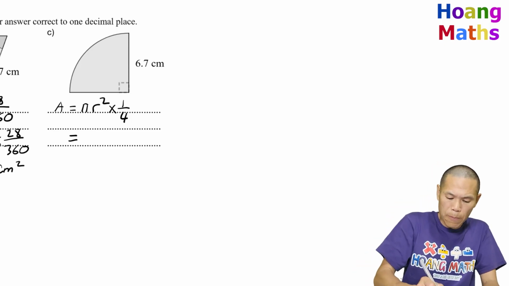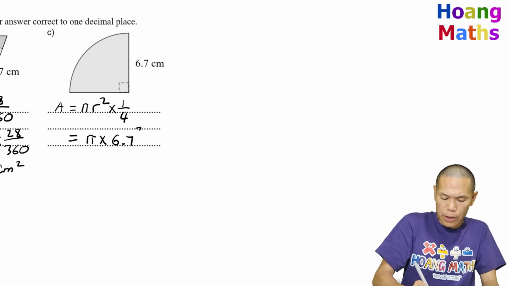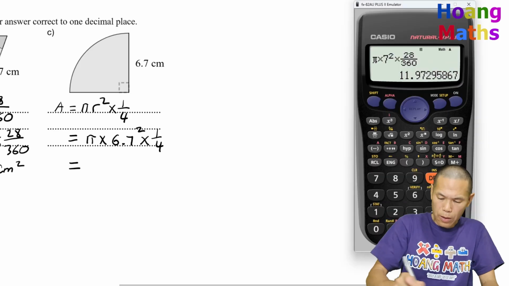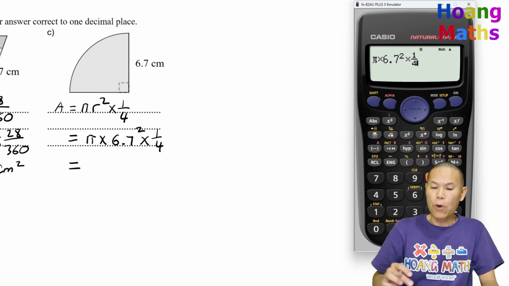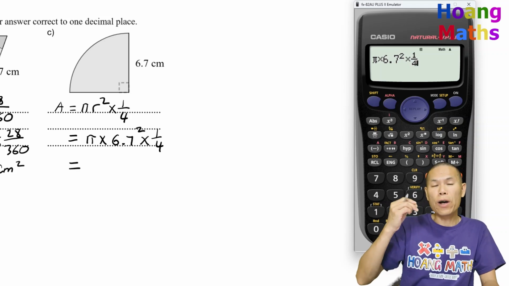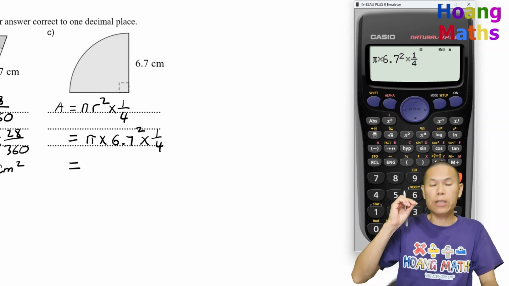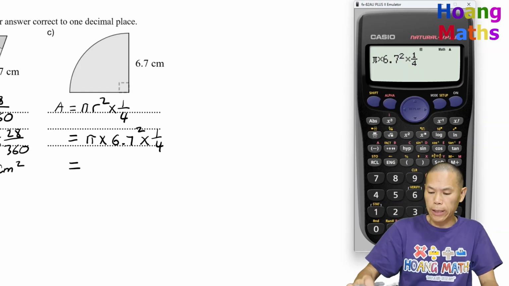So that will give me pi times 6.7 squared times a quarter. So that will give me shift pi times 6.7 squared, we times 1 over 4, or 90 degrees over 360, or you can just divide it by 4 or times a quarter, okay?